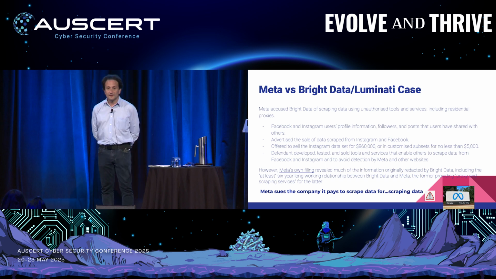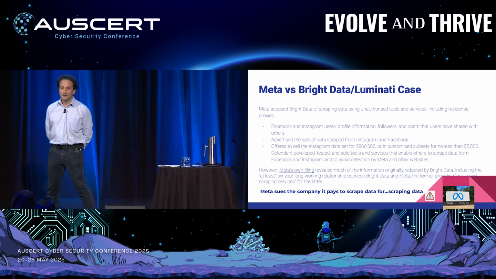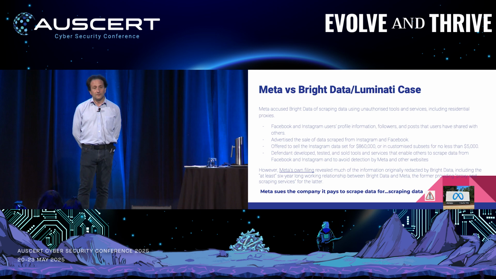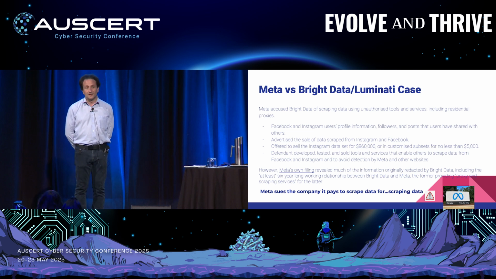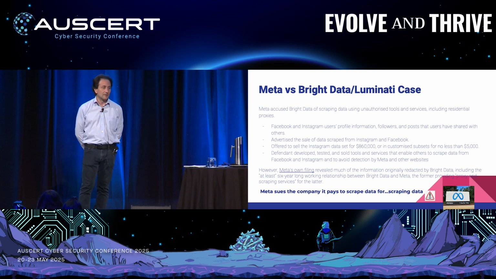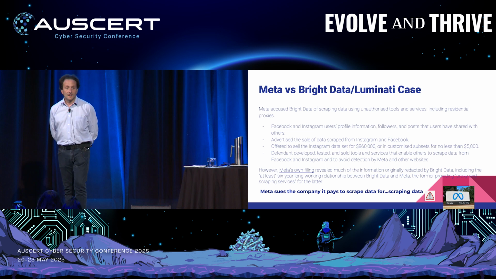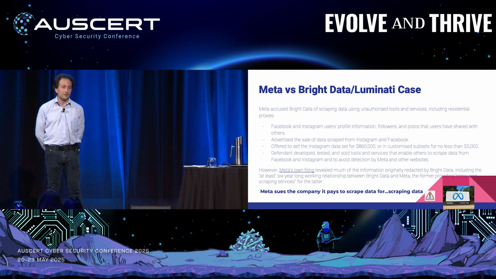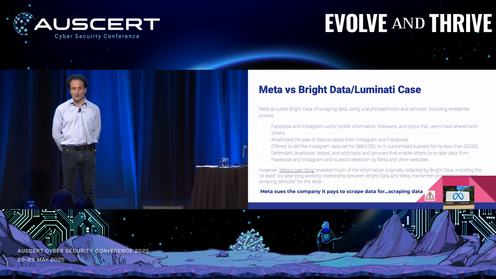The next one was Meta, Facebook, versus Bright Data. Facebook sued Bright Data for scraping their websites, and the website they were scraping was Instagram. You can still go on the Bright Data website today, and they're selling datasets for Instagram. You can download the full set for $860,000.